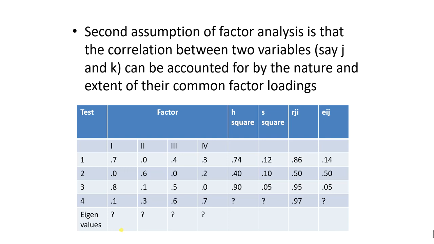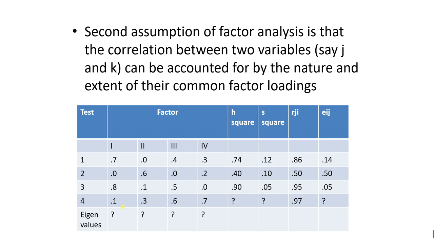Fortunately, the sum of the maximum possible squared factor loadings is always equal to the number of variables. So in some textbooks, you will find that the percent variance explained by a factor is defined as eigenvalue divided by number of variables, times 100.